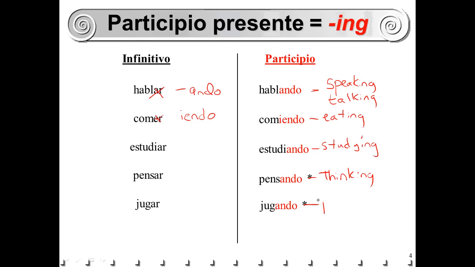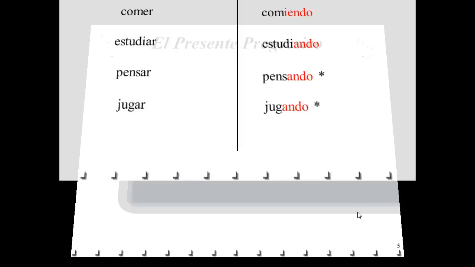And then jugando is playing video games. Okay, you need to have a star with these, though. If you don't, it's just speaking, talking, eating, studying, thinking, playing. We don't know who is doing it. So you want to say, estoy hablando. I am speaking. Él está comiendo. He is eating. If not, it's just eating, studying, thinking.